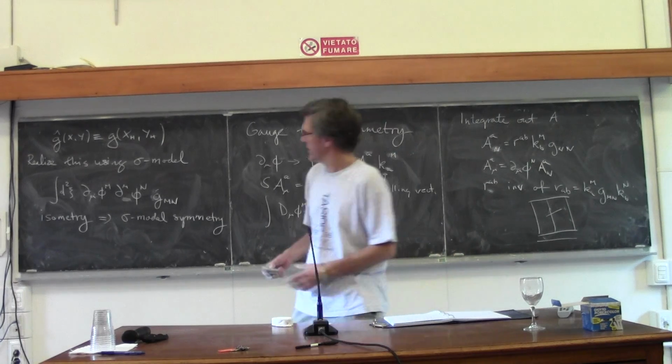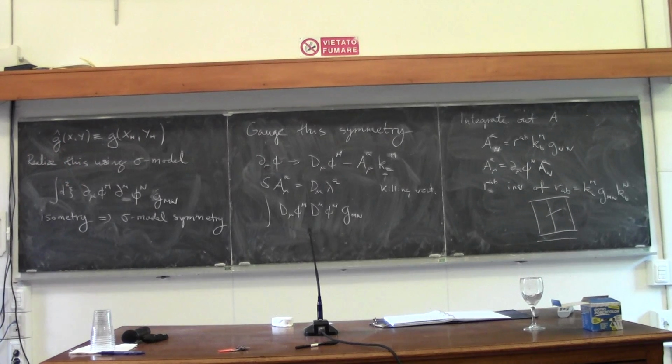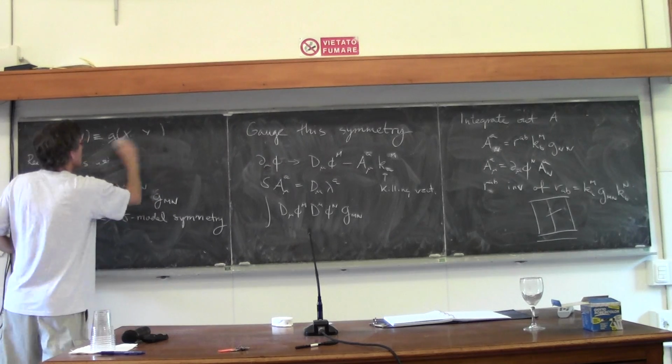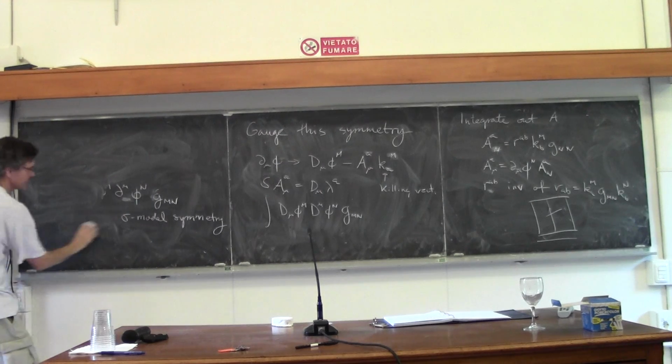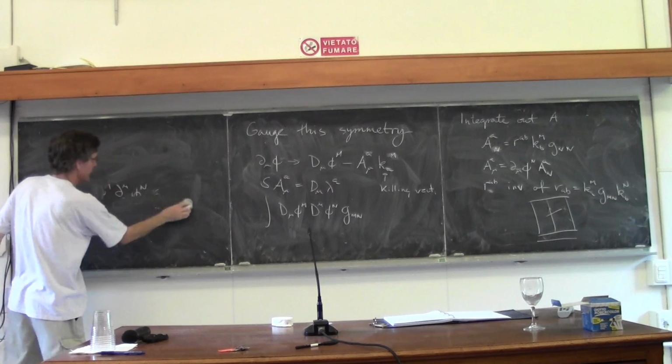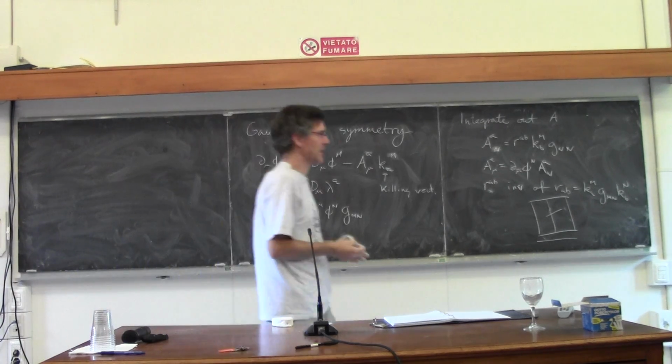Okay, so this is the basic construction, and now what happens when you have more structure? What happens, for instance, if your manifold is a Kähler manifold and you want to keep the Kähler structure?